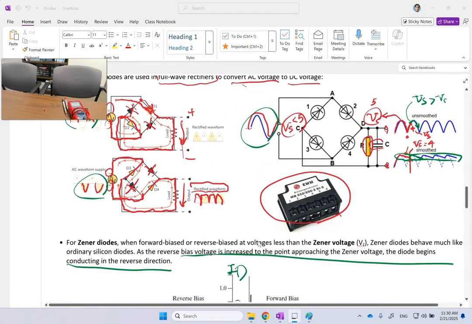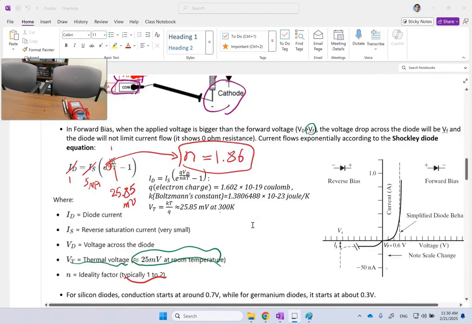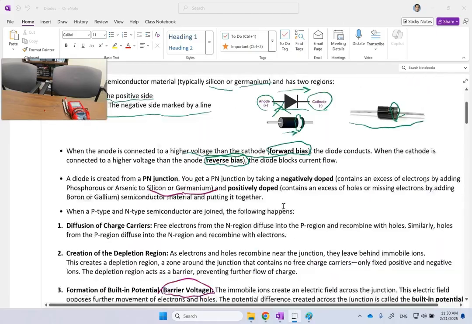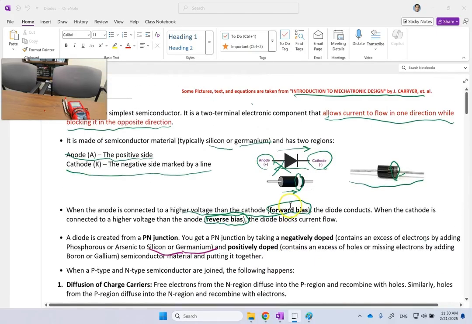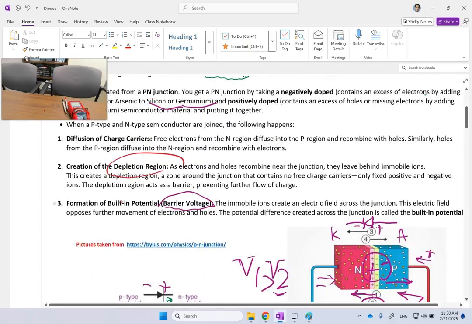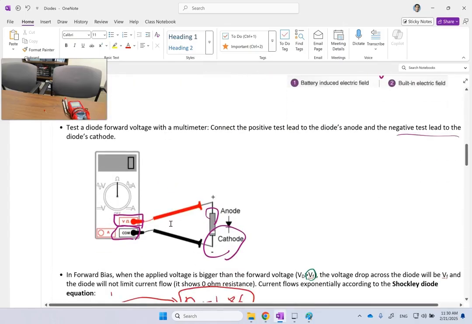We also looked at full wave rectifiers and very basic voltage regulators, the Shockley equation, a little bit about doping and what we call the depletion region, and finally forward and backward bias and measuring the forward voltage using a multimeter.